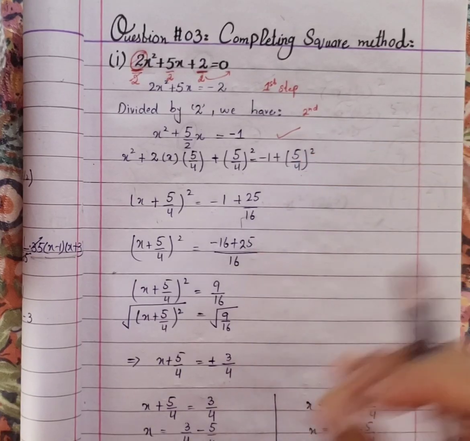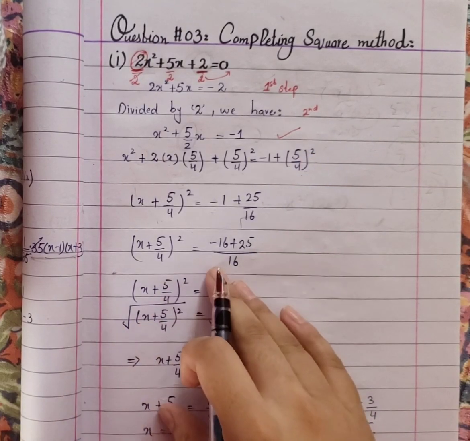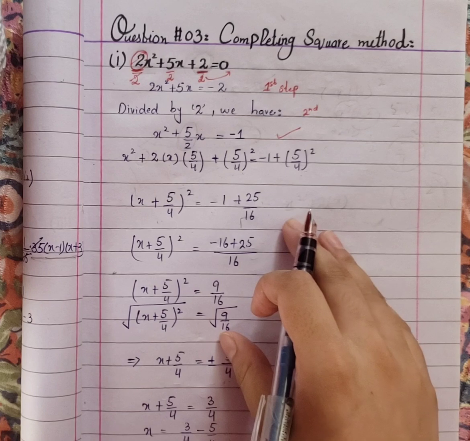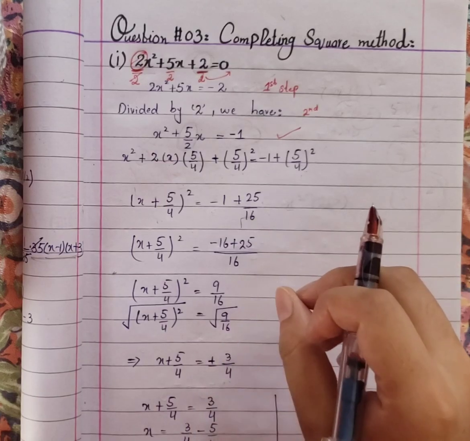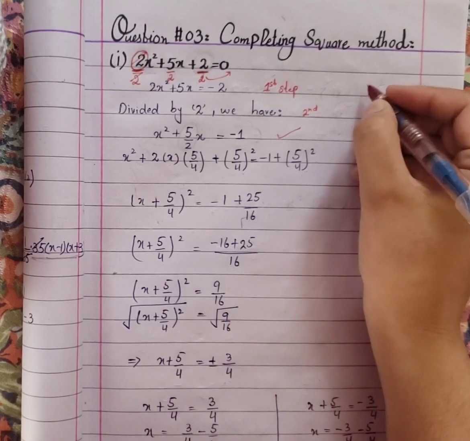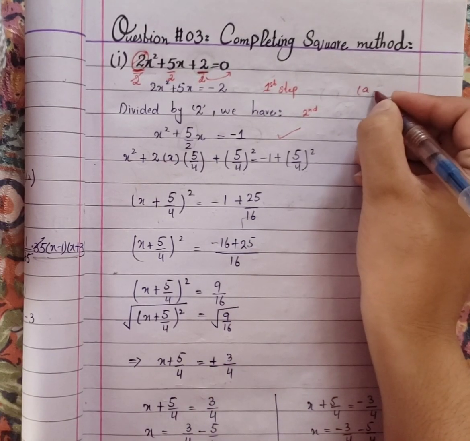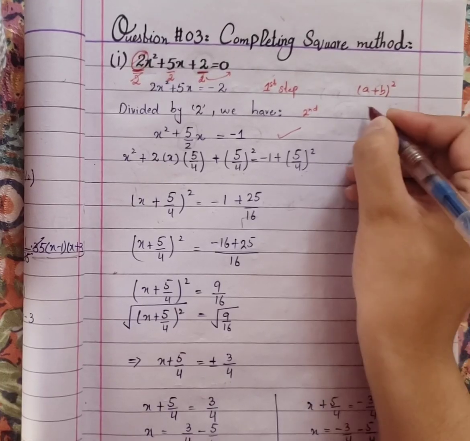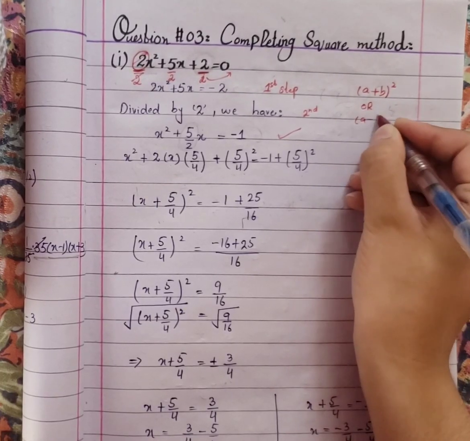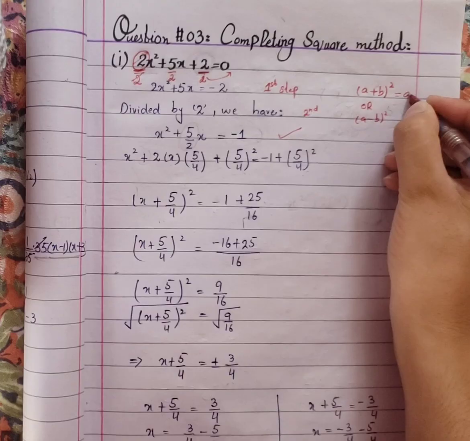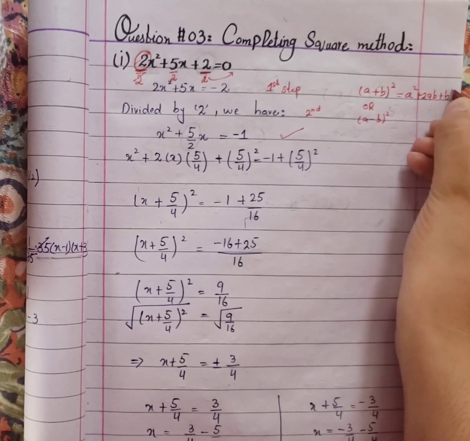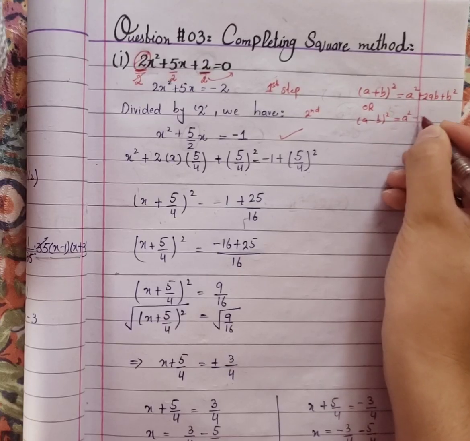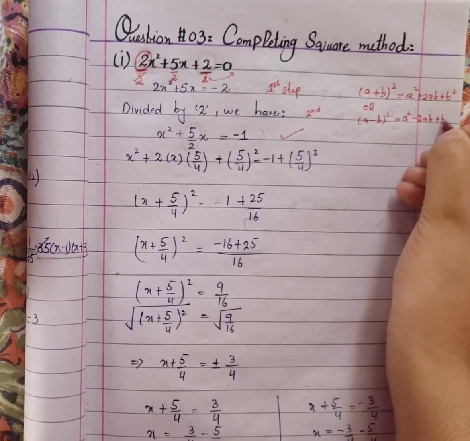Now third step is very important and main step of this question. With this step we will know that why this method is called completing square method. Actually student, we have to complete the square, we have to make the formula a plus b whole square or a minus b whole square, which is equal to a square plus 2ab plus b square, and this is equal to a square minus 2ab plus b square.